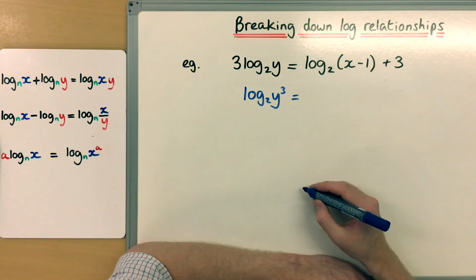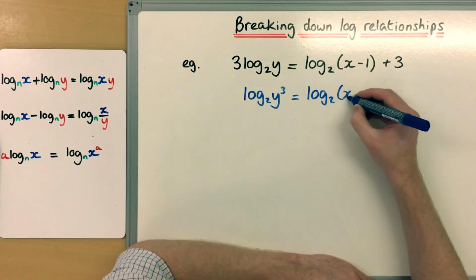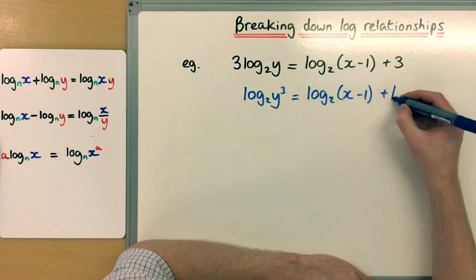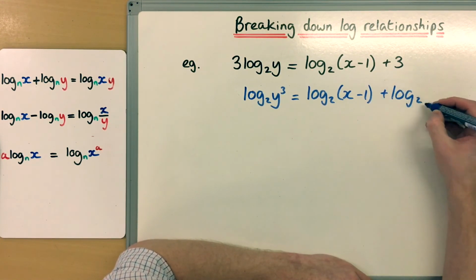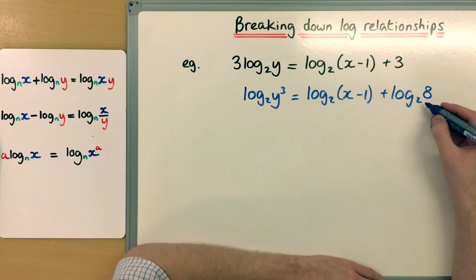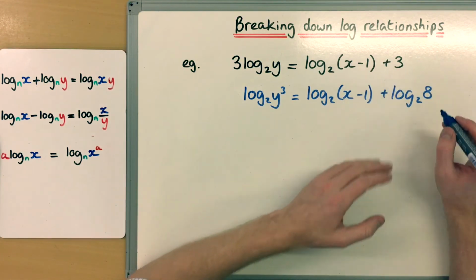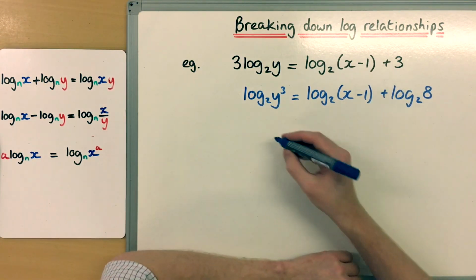Well, I'm going to need to write it as a log to the base 2. So I'm going to leave this one here for a second. And I want to write plus 3 as log to the base 2 of something. Now, if I write 8 there, then hopefully we can see that 2 to the power of 3 would actually be 8. So those two things are the same, so I can do that. And now I can bring these together.